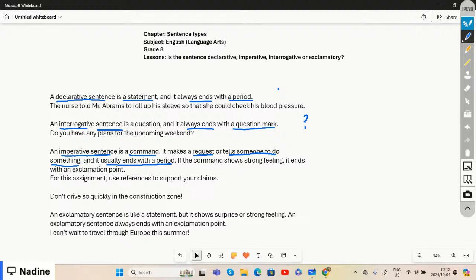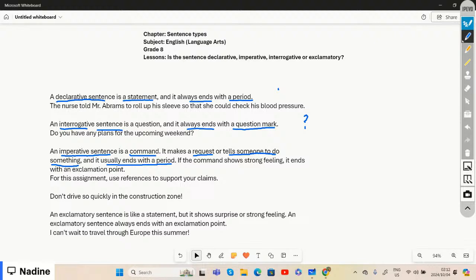Do the dishes, for example. All right, so that is an imperative sentence.